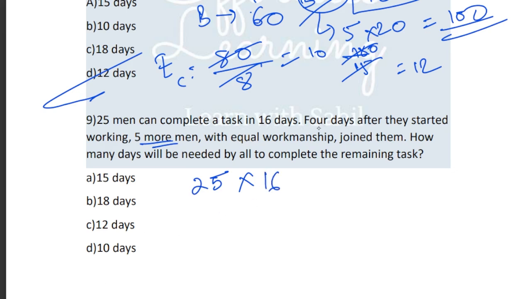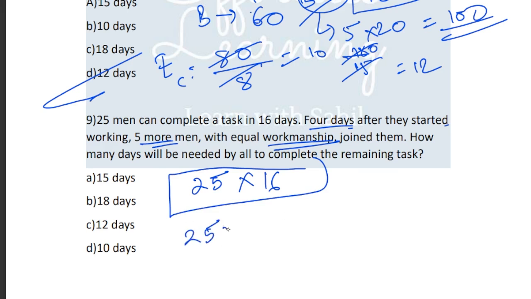Now here it is saying that 4 days after they started working, 5 more men joined. So total work I can say is 25 multiplied by 16. And 25 with that efficiency work for 4 days, and after that it is 30. So how many days will they take?